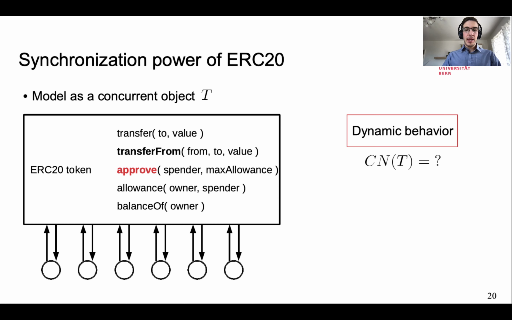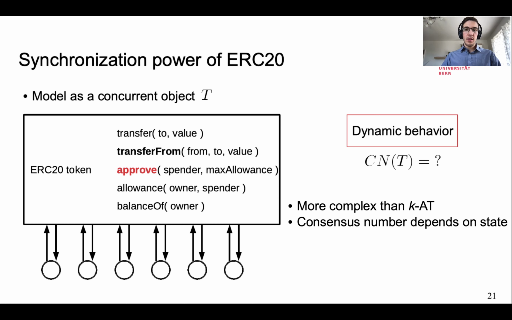This dynamic behavior is what makes our object more complex than the previous results, than the k-asset transfer that we have seen. It also means that the consensus number now depends on the state of the object and changes with the state of the object. Thus, it's not possible to reason about it using standard techniques from distributed computing theory.